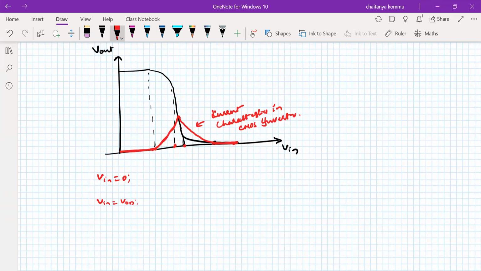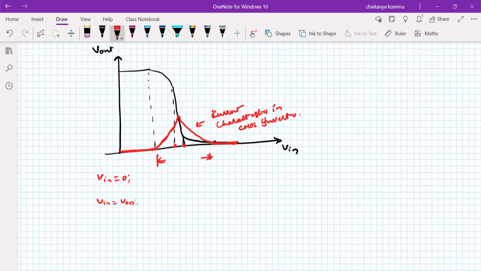But the point at which both the transistors are on, these are the places where both the transistors are on. It consumes some amount of power because there is a short circuit between VDD and ground. Because of that, power consumption is there, but that power consumption is very small.